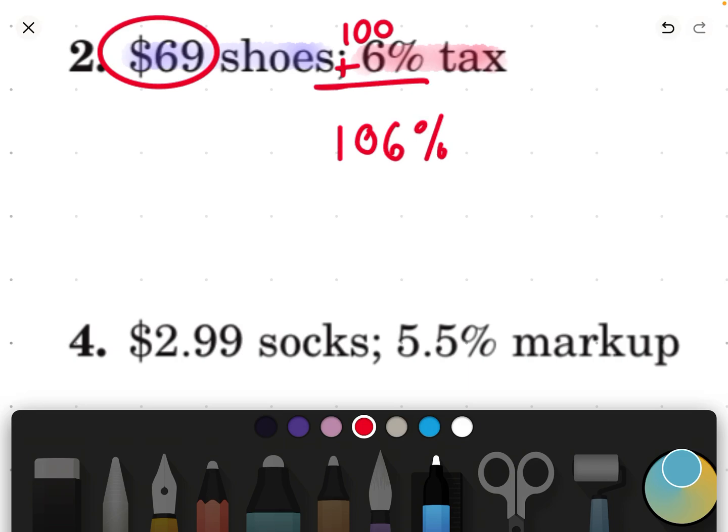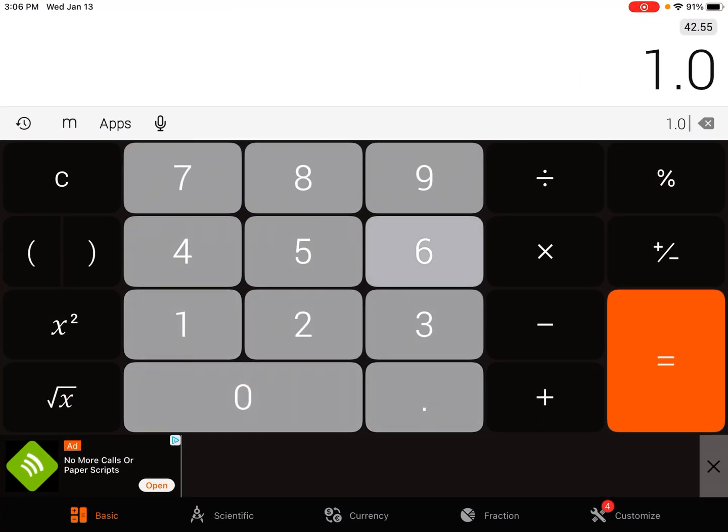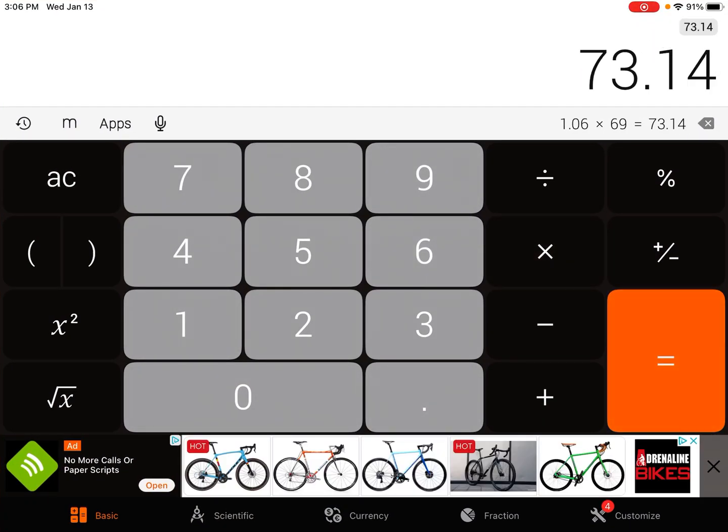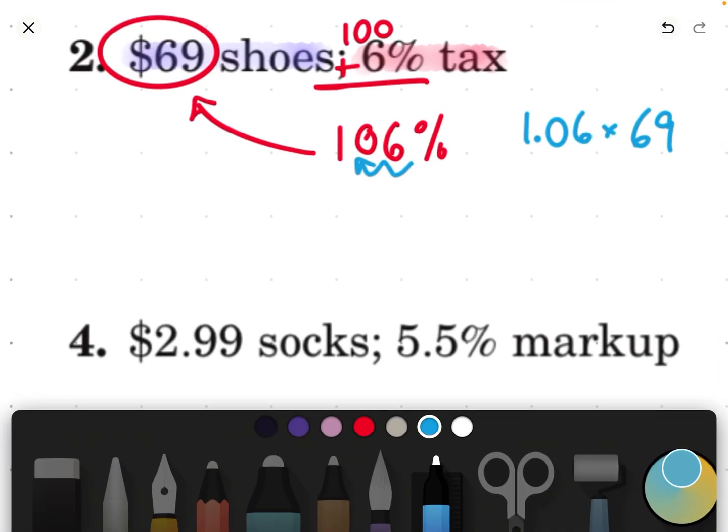So 100 plus 6, nothing more, 106% times the original cost, which is $69. Same idea, two to the left, 1.06 times 69 is $73.14.